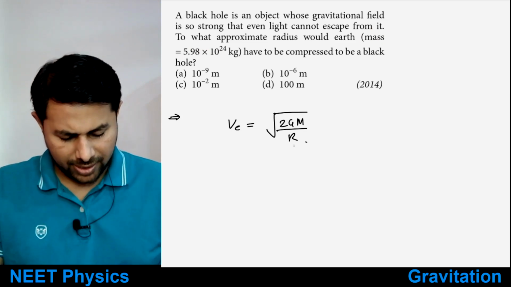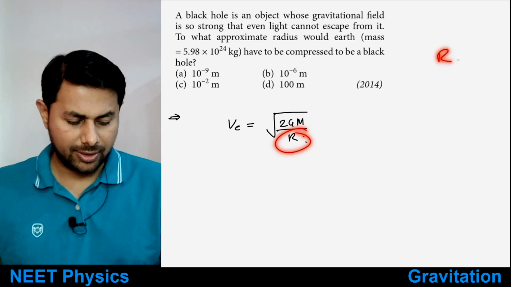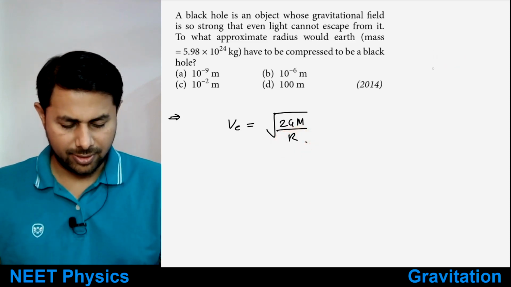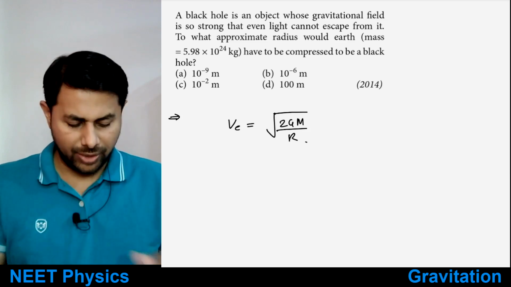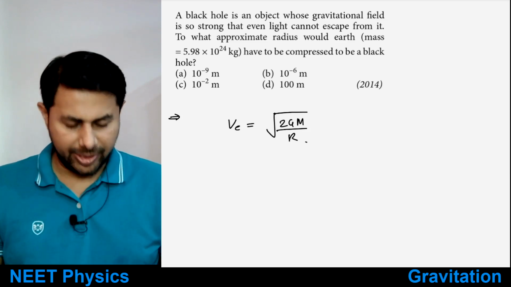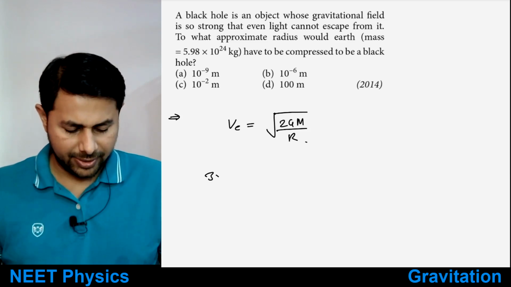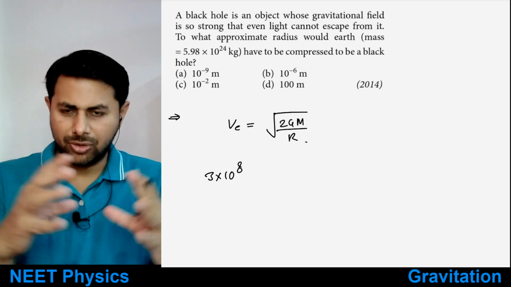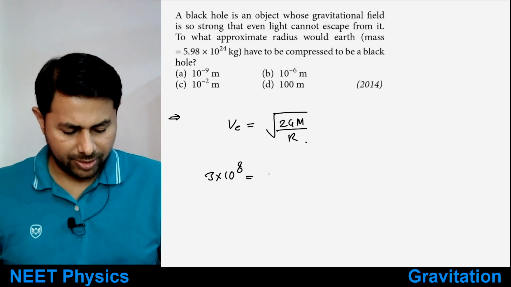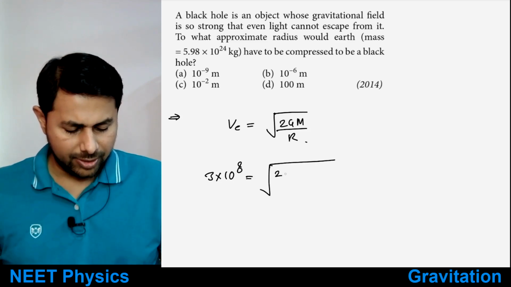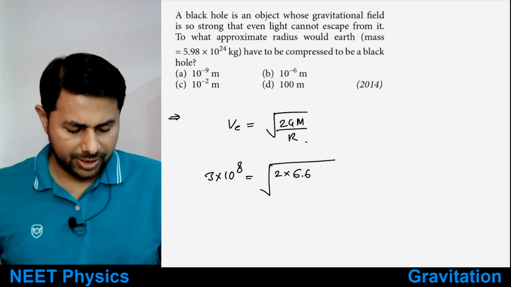So this r is not the radius of Earth. When we compress the Earth, what should happen? The escape speed should become the speed of light, 3 into 10 raised to 8. Then what should be the radius of Earth? This is the question. 3 into 10 raised to 8 is equal to square root of 2GM, where G is 6.67 into 10 raised to minus 11.